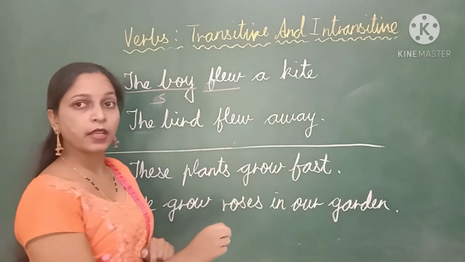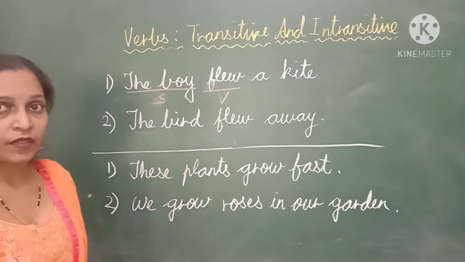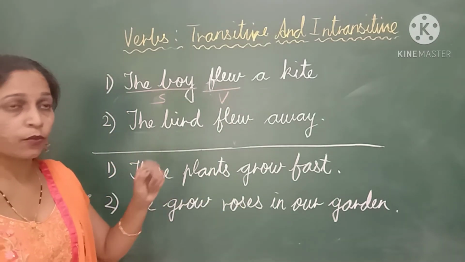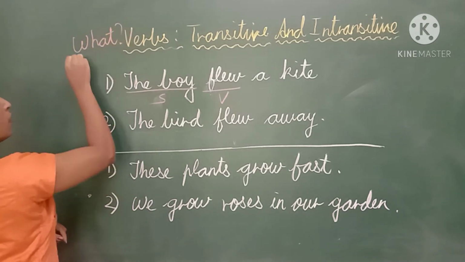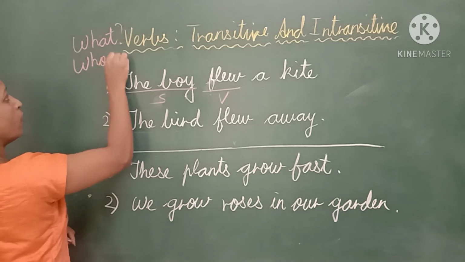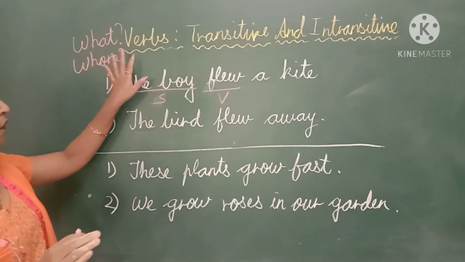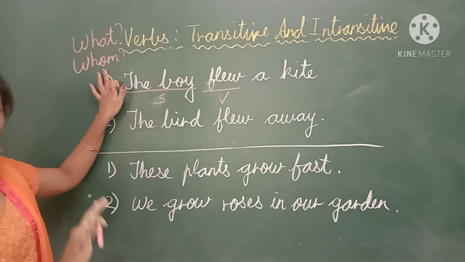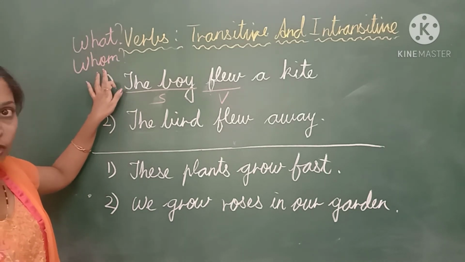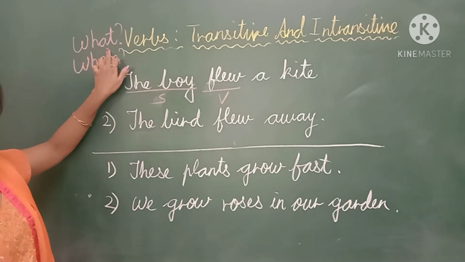Flew shows us the action, it's a verb. What is the object of the sentence? To find an object, which question do we ask? Correct. What or whom? Only these two questions we can ask. If they answer these two questions only, it is the object of the sentence. Otherwise, it is not. In this case, we ask the question, what?